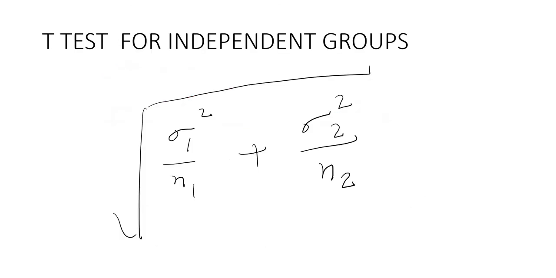If you have independent groups, because there is no correlation between the samples, then you can go for this equation to find the t-score: the root of sigma 1 square by n1 plus sigma 2 square by n2. Sigma 1 is the standard deviation of the first group, sigma 2 is the standard deviation of the second group, n1 is the number of samples in the first group, and n2 is the number of samples in the second group.